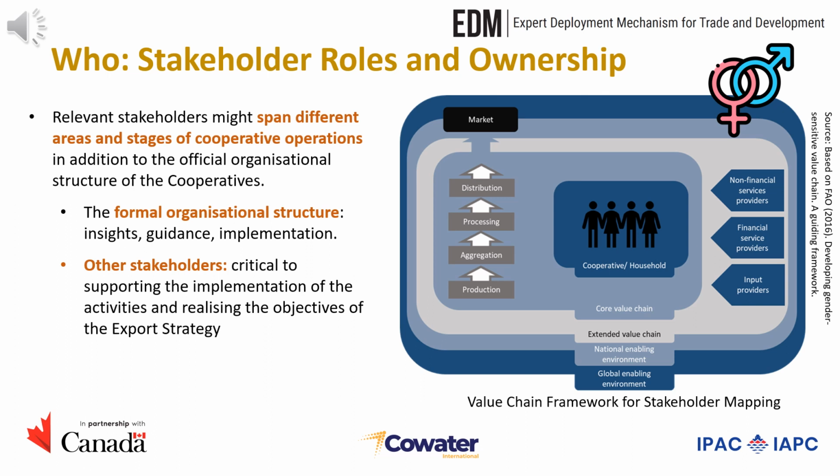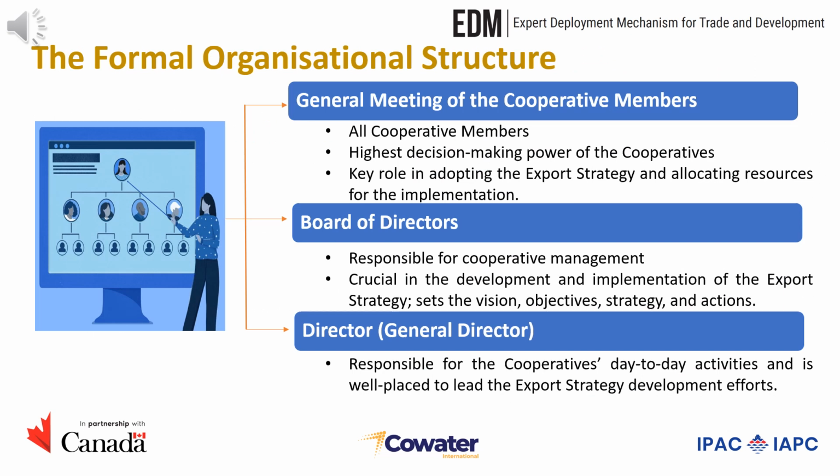While the core value chain actors, in other words, the formal organizational structure of cooperatives, can provide insights and guidance on the reality of production and challenges, other stakeholders are also critical to supporting the implementation of the activities and realizing the objectives of the export strategy. Understanding the roles that each stakeholder plays can help the export strategy development team better reach out and assign responsibilities in accordance with their functions.